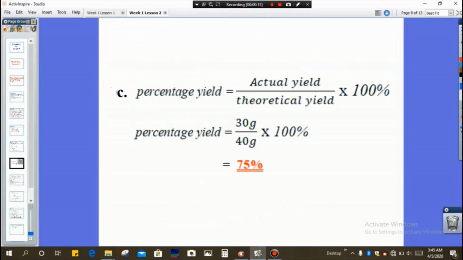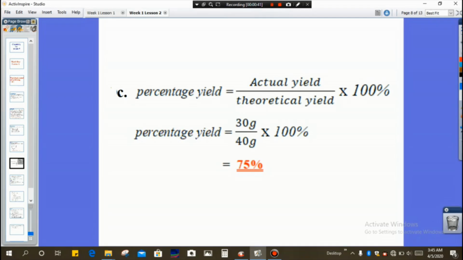C. The percentage yield. The percentage yield is the ratio of the actual yield to the theoretical yield multiplied by 100%. And the actual yield in this reaction is 30 grams and the theoretical yield is 40 grams.